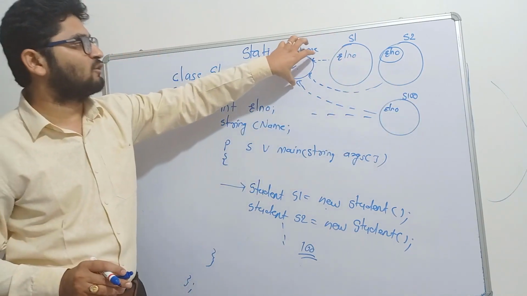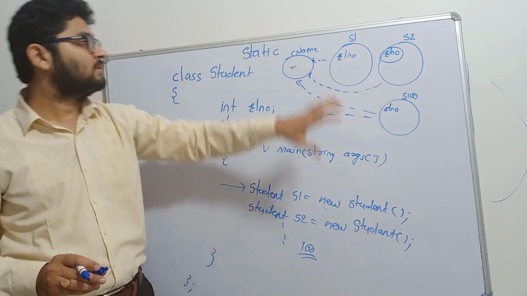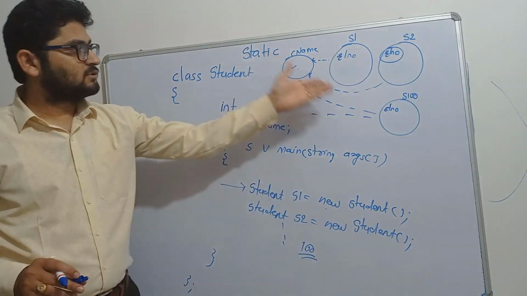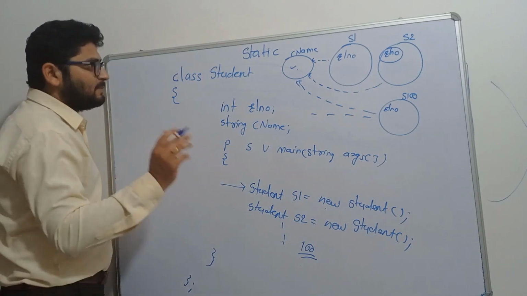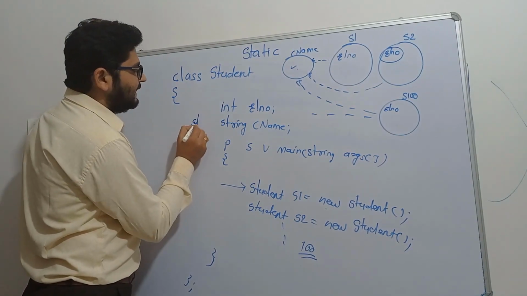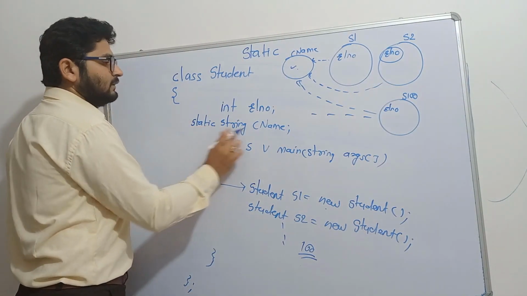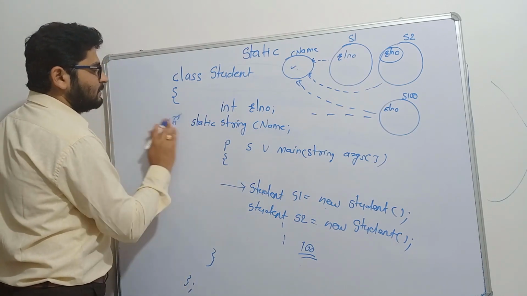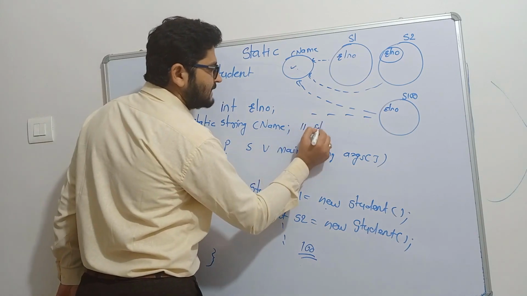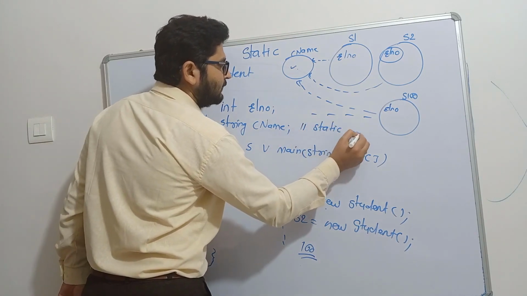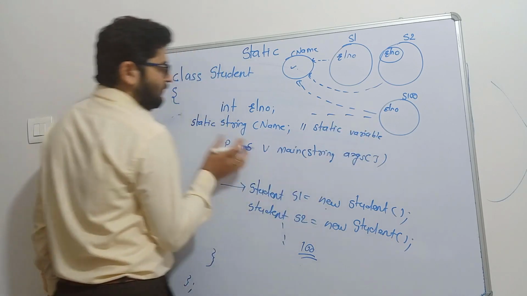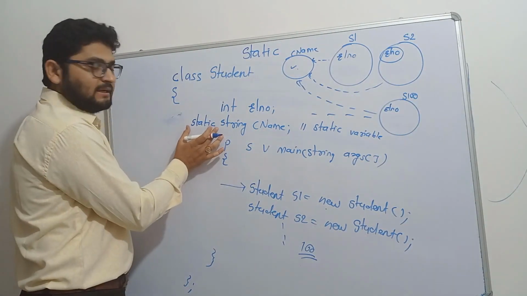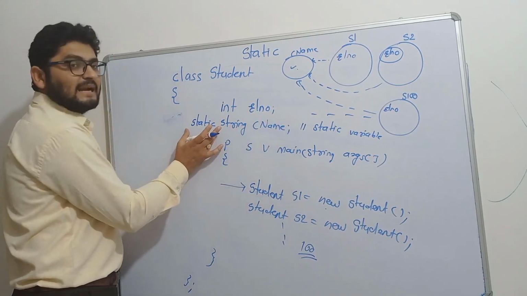So we can have a single, shared copy of the college name for S1, S2, S3 and so on. This can be achieved by just writing static before this variable, and then it is called a static variable. When we write static with the declaration of a variable, that variable is called a static variable.